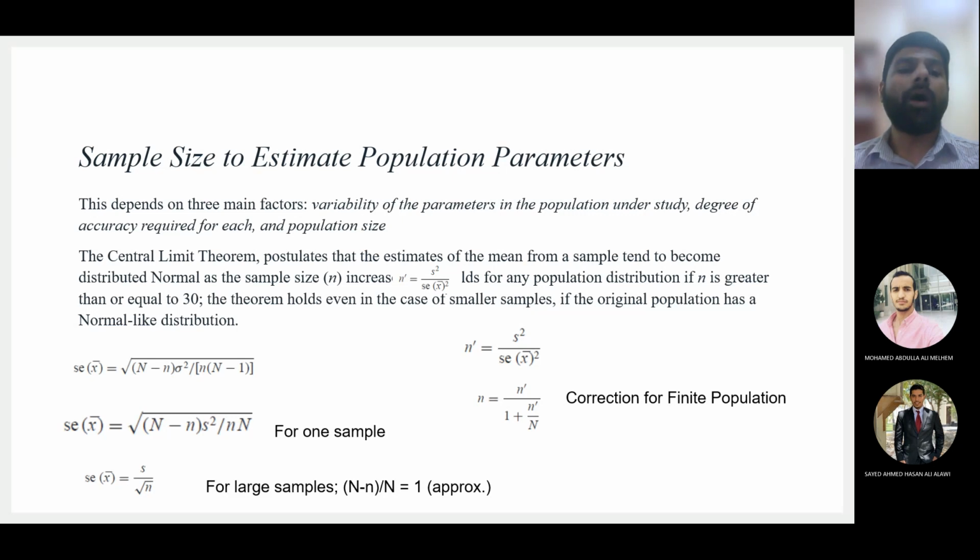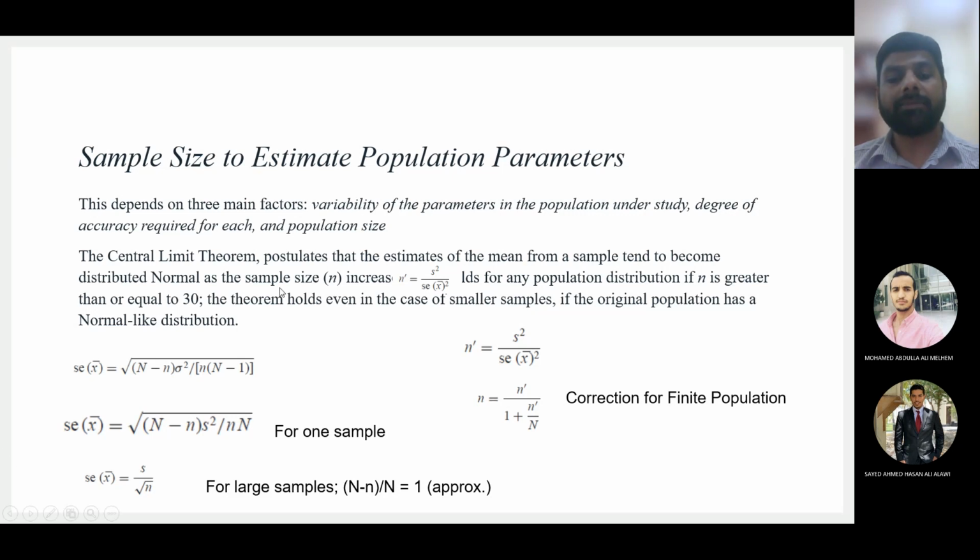Okay, what does the central limit theorem say? According to the central limit theorem, the mean from a sample tends to become normally distributed as the sample size increases.